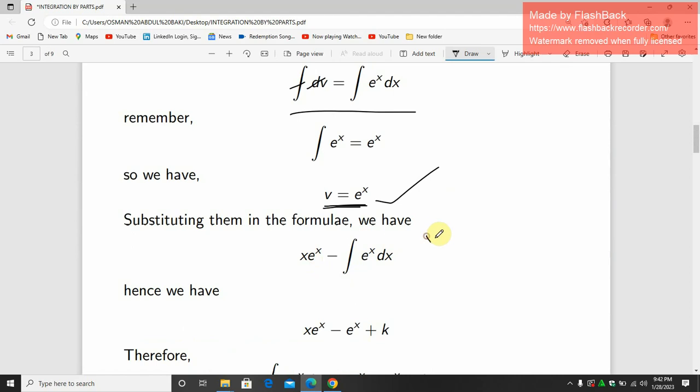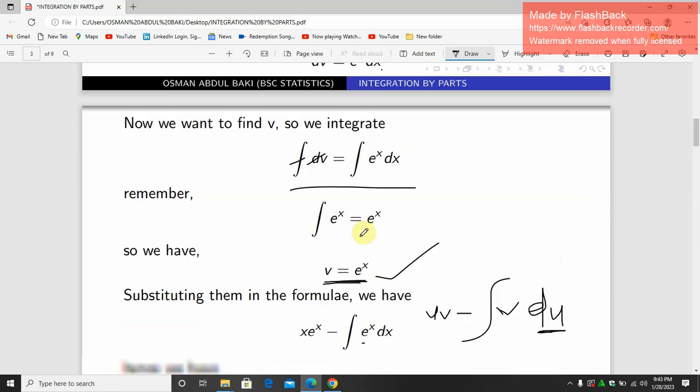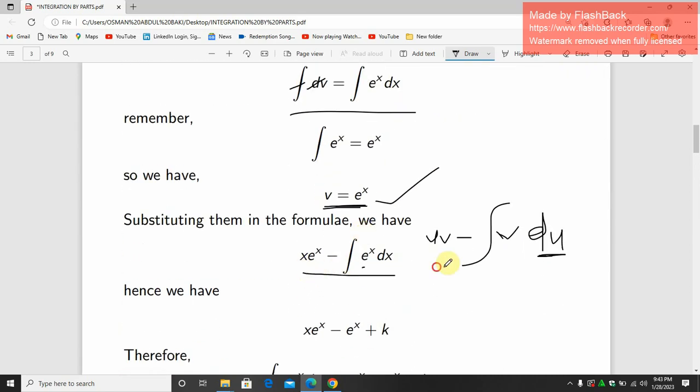So this is the formula: uv minus the integral of v du. So x times e to the power x minus the integral of v, which is e to the power x, times du, and du is equal to dx. So now we have inserted them in the formula.